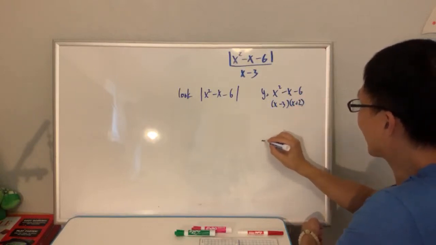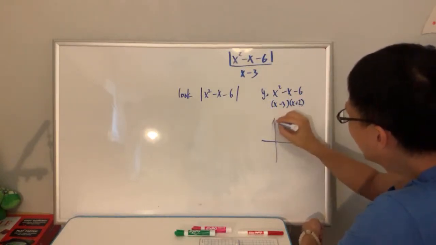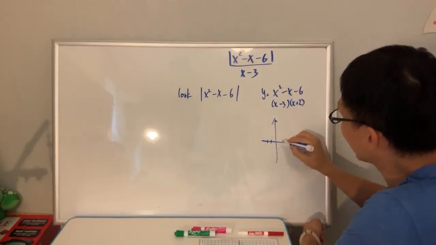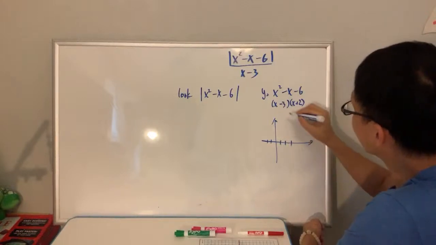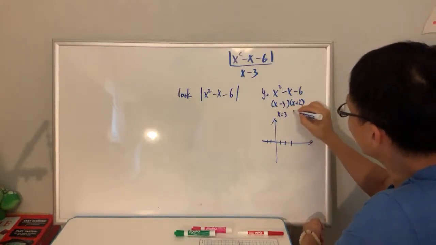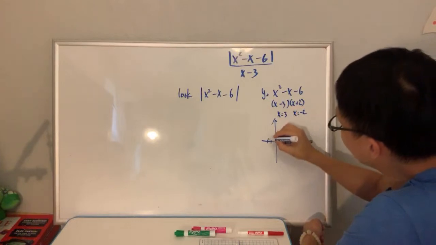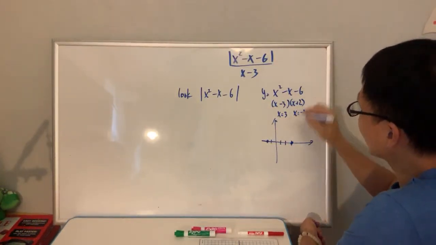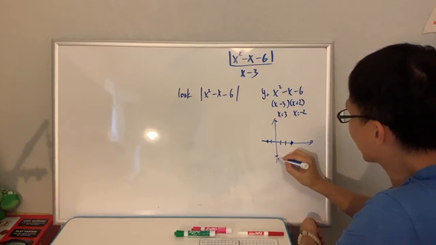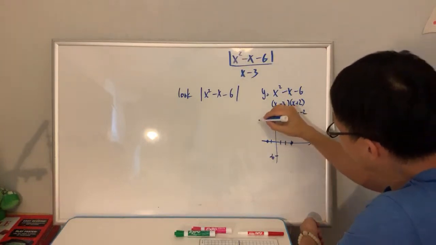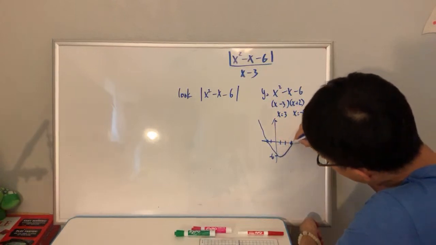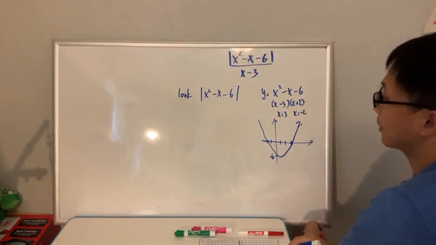So that means my x-intercept is going to be very easy: x equal to 3, x equal to -2. That's my y-intercept and x-intercept, and the parabola is facing up. The y-intercept is roughly -6, so it's going to be something like this. Okay, so that's some type of problem.